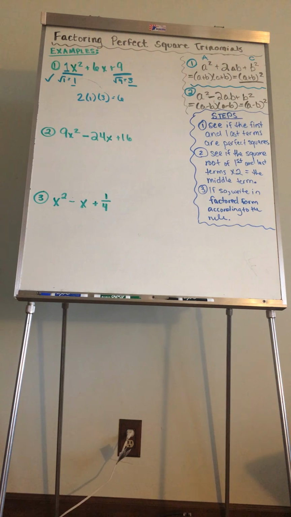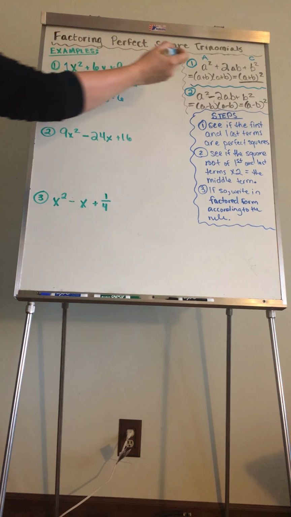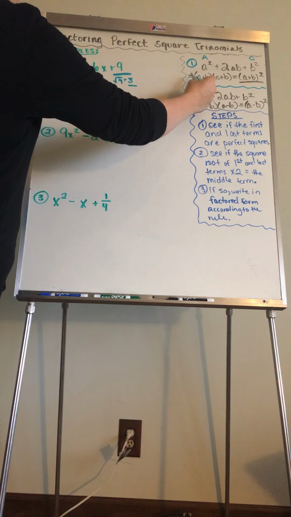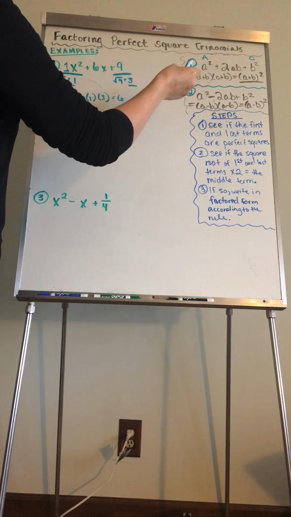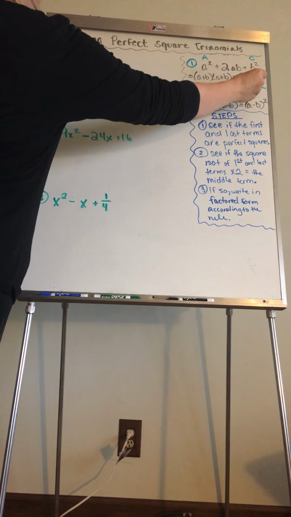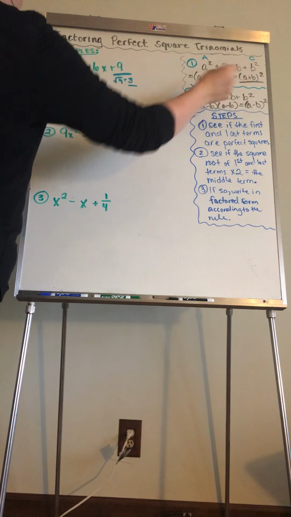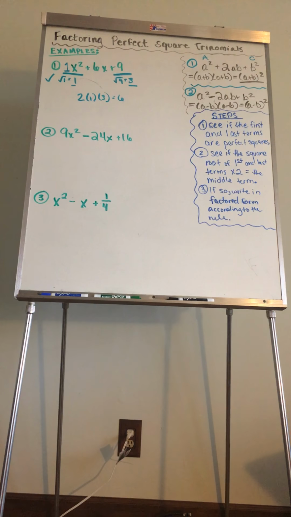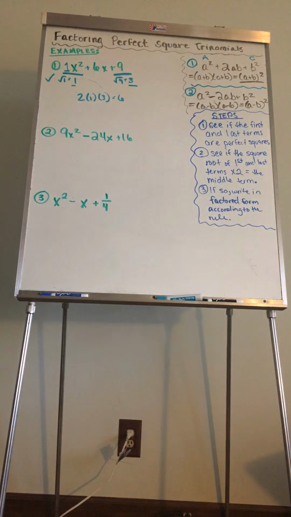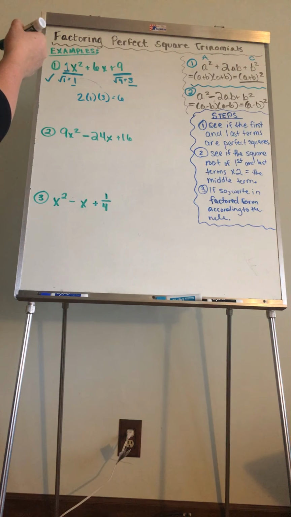Now, let's look at how this factors. So it says that if it is in this form, then it will be the a plus the b times a plus the b, or a plus b squared, because anything times itself means that it is squared, okay? So in this case, because the first term has the coefficient of 1, it will just be x, okay?